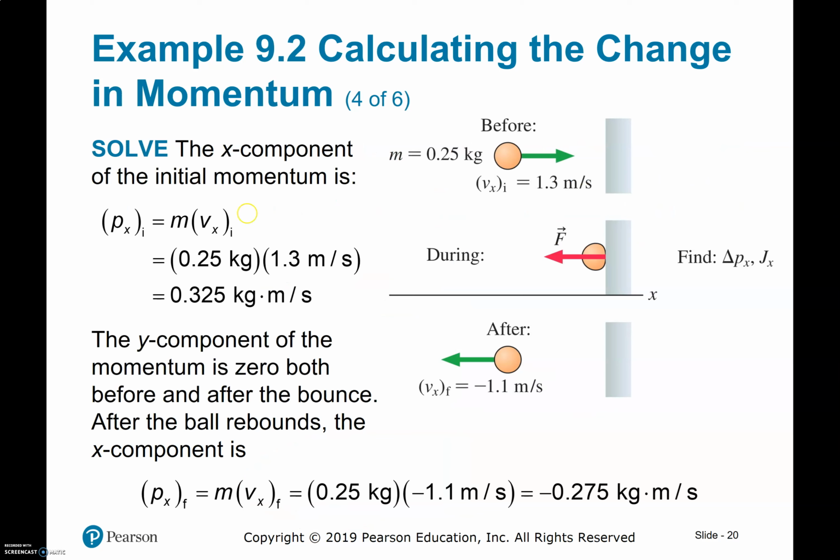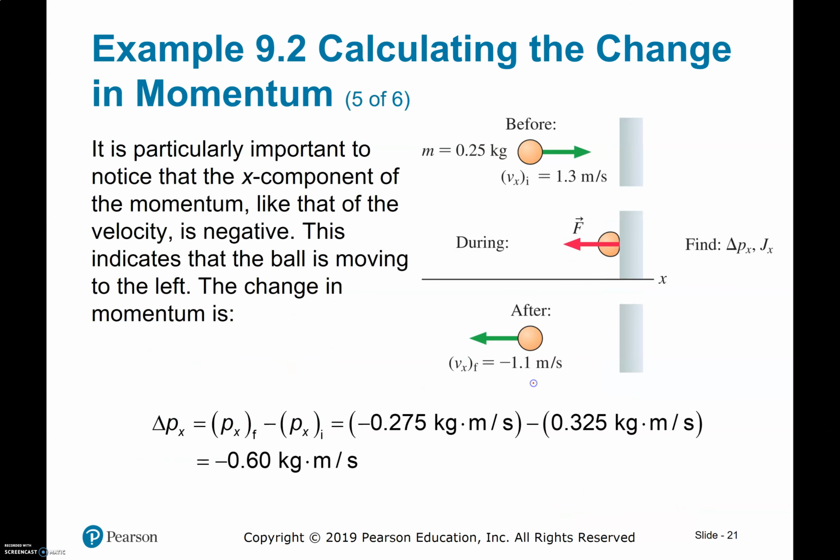So now we write the initial momentum. The initial momentum is the mass, which is 0.5 kilograms, times the initial velocity. And so you get this quantity here. The final momentum is the mass times the velocity. The velocity now has a negative sign, so this is a negative momentum. Remember, this sign is going to be important. Now we can calculate the change in momentum, which is final minus initial.